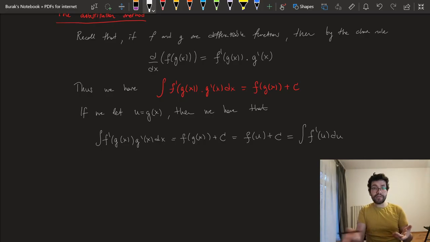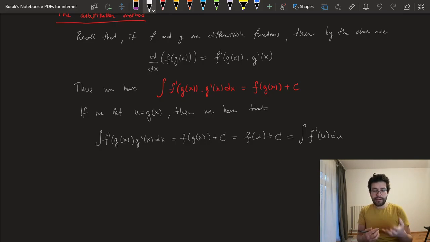To understand this, you just try to read this equality from right to left. Pretend that you have f prime of u du. So you're treating u as an independent variable. What is the indefinite integral of f prime of u du? Well, f is an antiderivative for f prime, so it's f of u plus c.